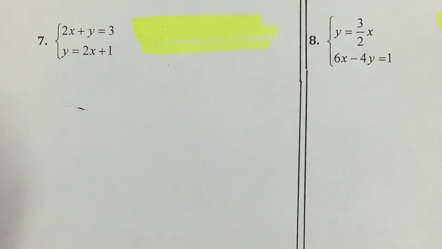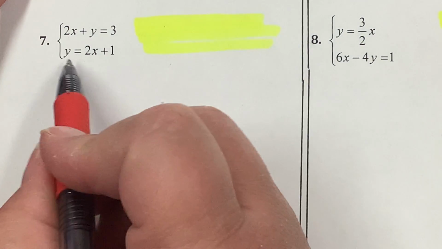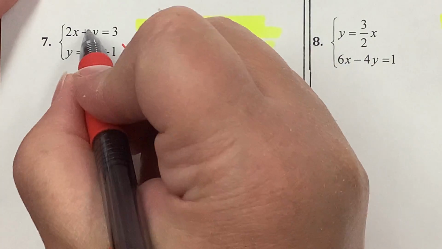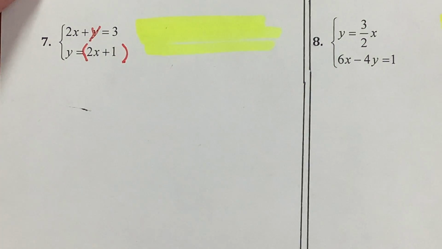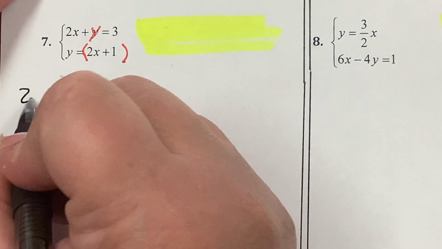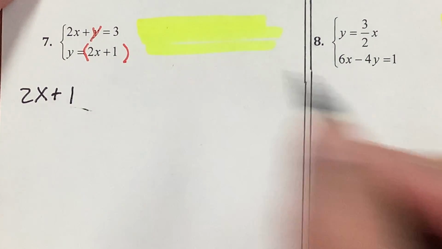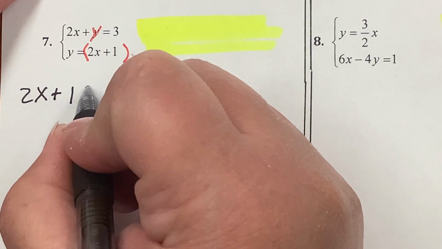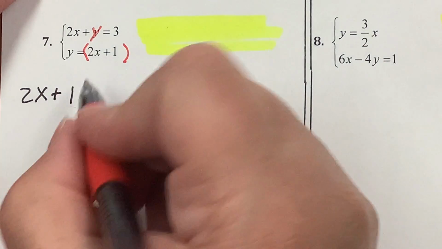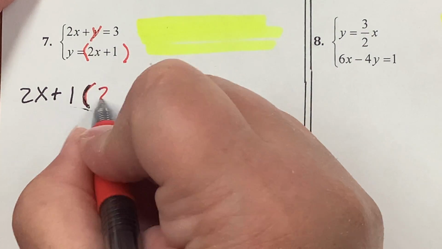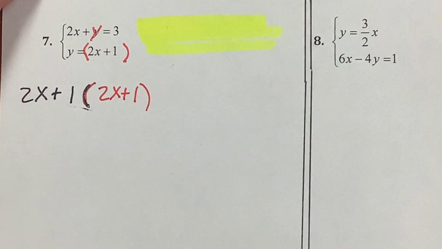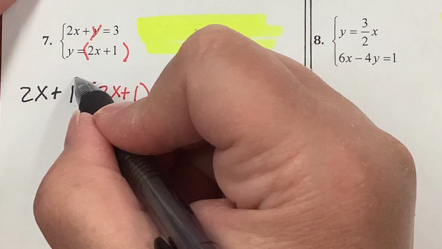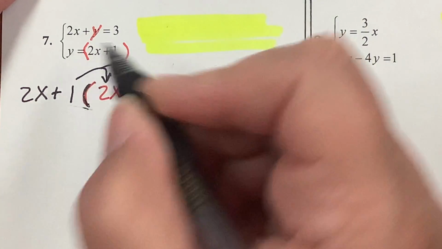All right, for this one, again, the y is the isolated variable, so parentheses around 2x plus 1, and that's going to go where the y goes. So you have 2x plus 1, remember, because there's no coefficient, so you put your own 1 there, times, and I'm not going to let it get me twice, 2x plus 1 equals 3. 1 times 2x and 1 times 1.